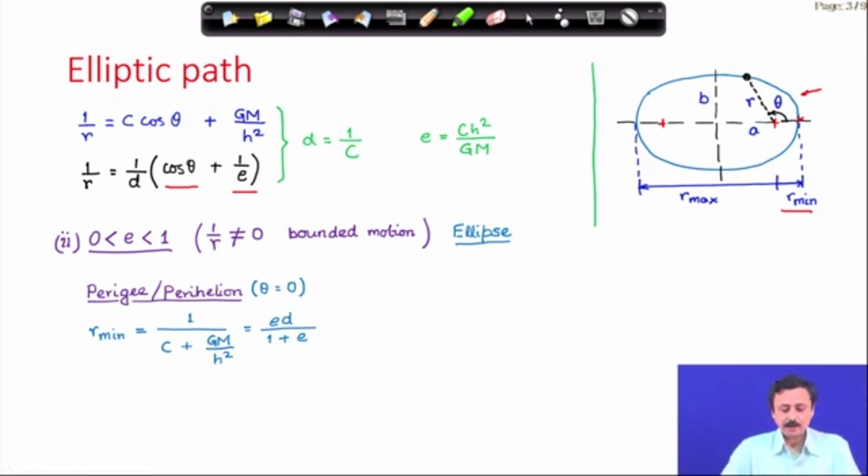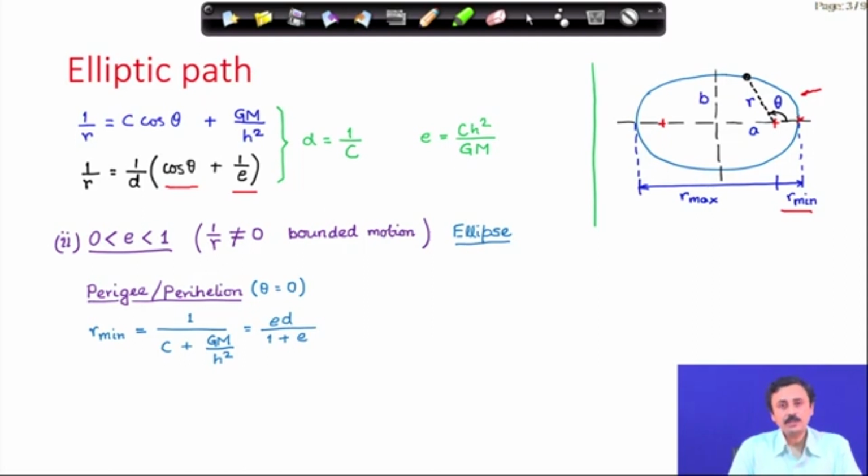Therefore, we can say R min, I will just put theta equal to 0 in our expressions and get R min. So, theta equal to 0, cos theta is 1, therefore, R min is 1 over c plus g m by h square, and this is from the kinetic side.